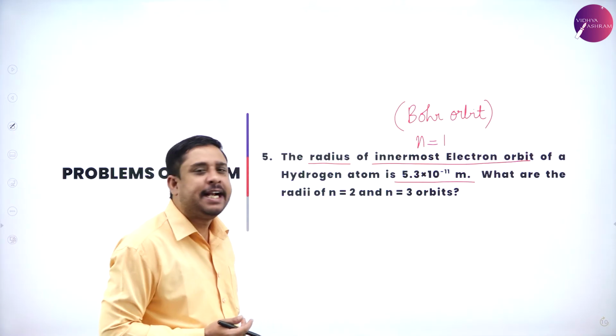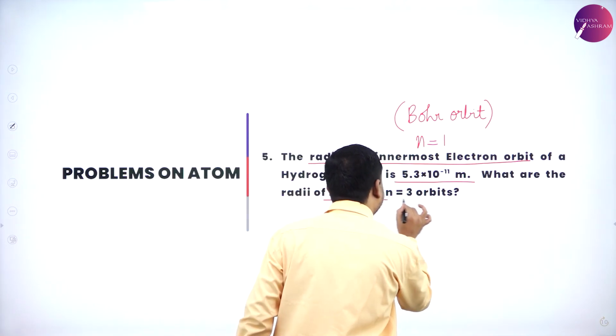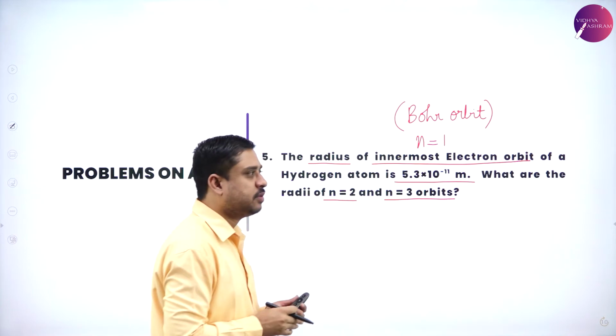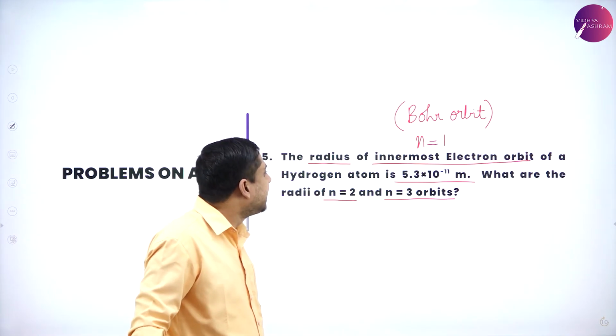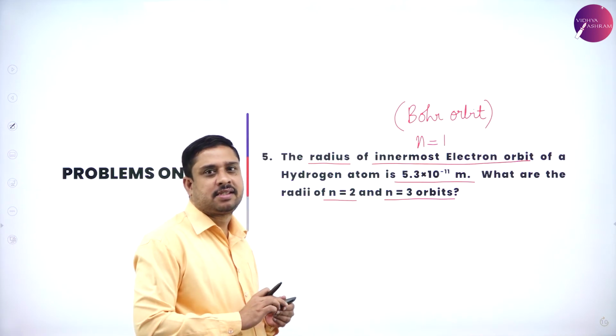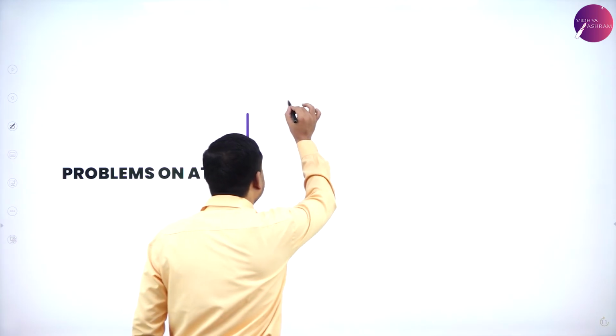What are the radii of the n equals 2 and n equals 3 orbits? Now, do we remember the expression for the radius of a stationary orbit of the hydrogen atom? Surely yes.